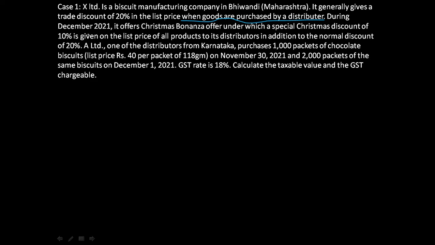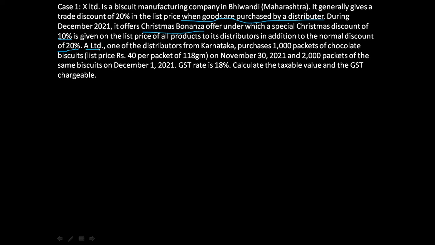During December 2021, it offers a Christmas Bonanza offer under which a special Christmas discount of 10% is given on the list price of all products to its distributors in addition to the normal discount of 20%. Normal discount 20%, and how much do they get in the Christmas Bonanza offer? They are getting 10% extra. Now here comes the distributor.